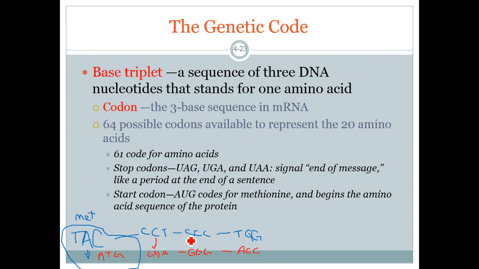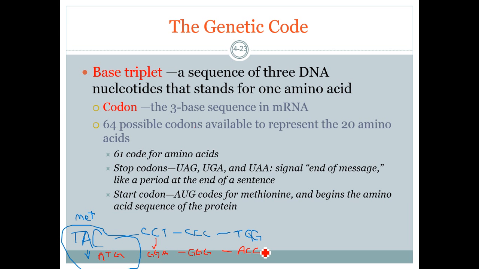So this will be our base triplets, what we're starting off with. And when we're trying to get this genetic code, it mirrors itself, giving us our codon for our mRNA. So this is the base triplets for our DNA.